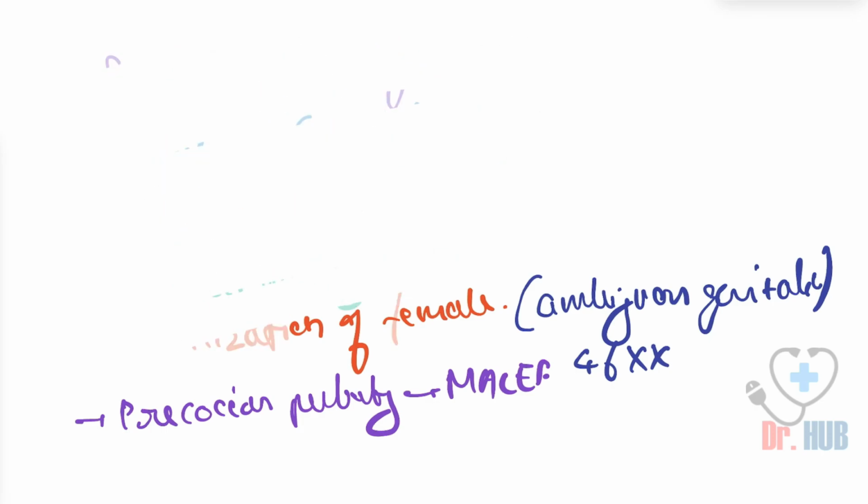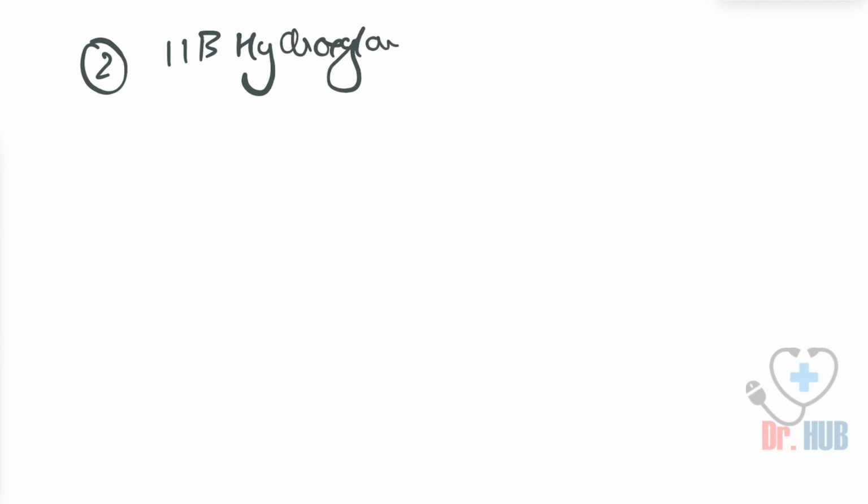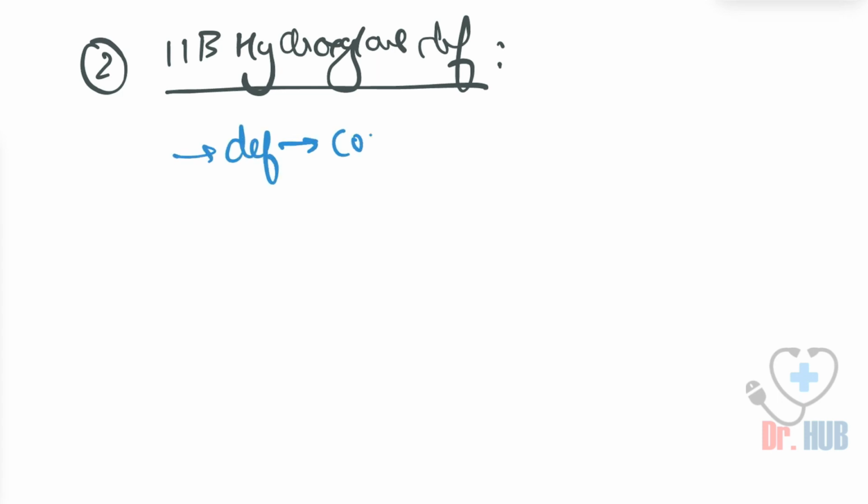Next we move on to the 11 beta hydroxylase deficiency. This was the second question we asked. So what is an 11 beta hydroxylase deficiency? To answer this, firstly it is the deficiency of the cortisol only.